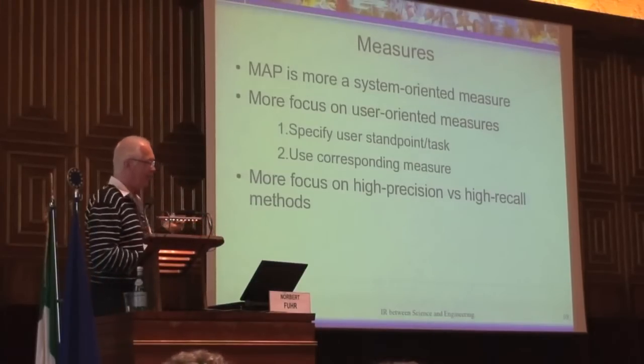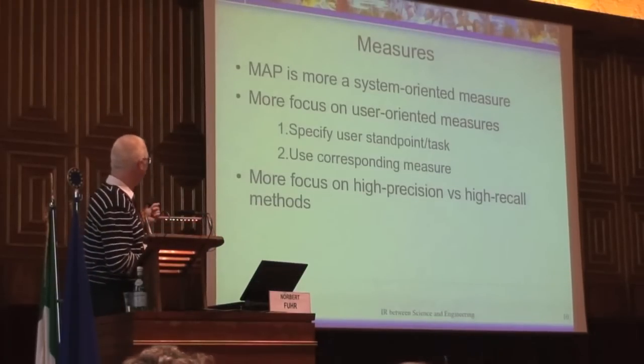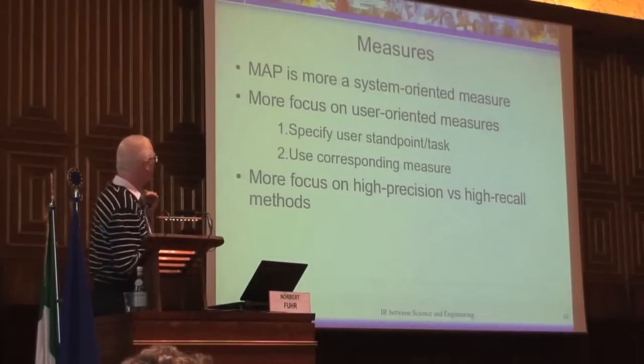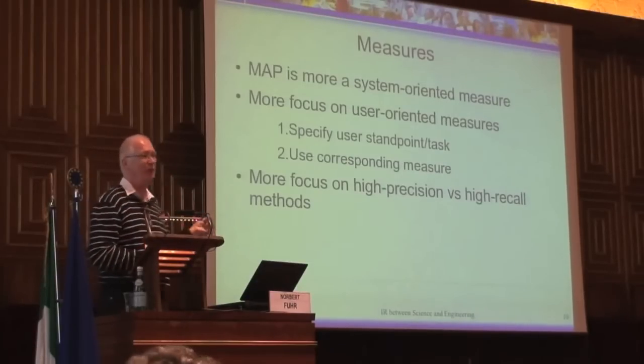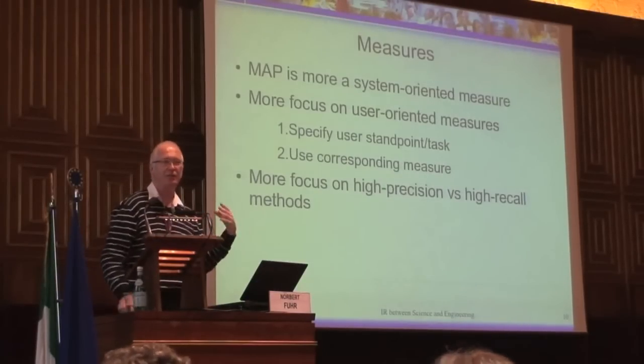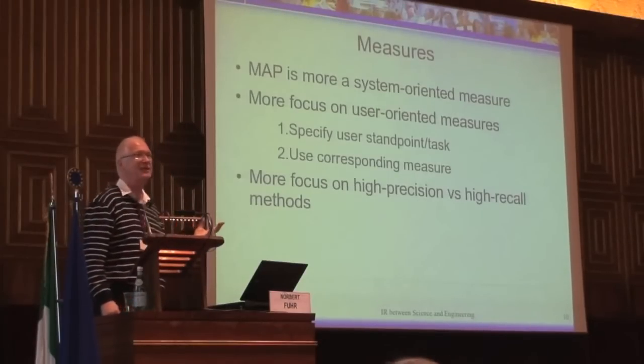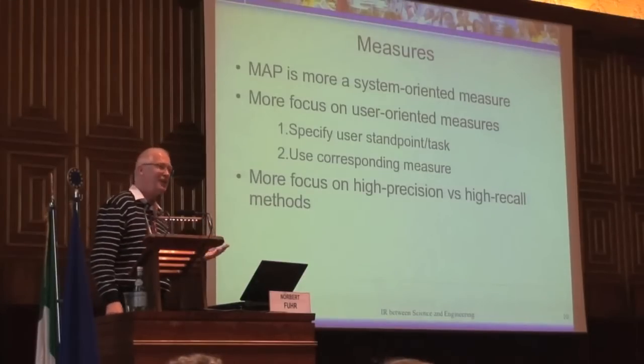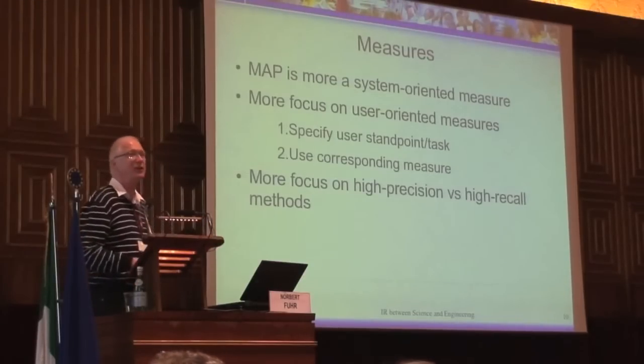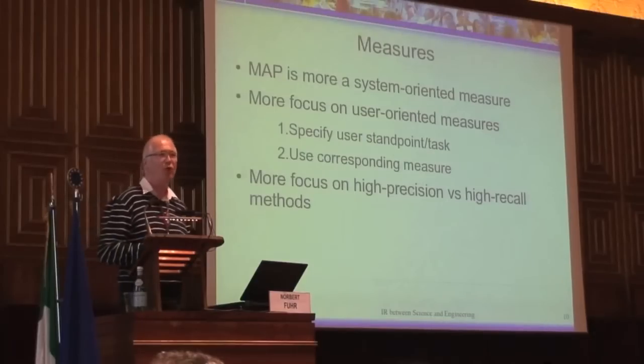Also, I think we should put more focus on distinguishing between high precision and high recall methods. For example, on the web, it's quite standard that people focus on high precision methods, but there are also many applications, like, for example, patent retrieval, where high recall is very important.